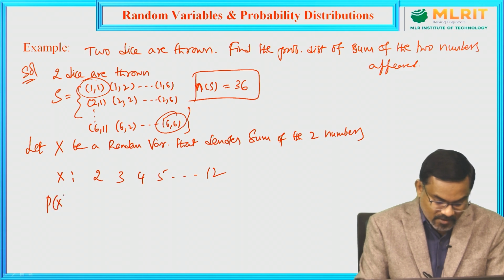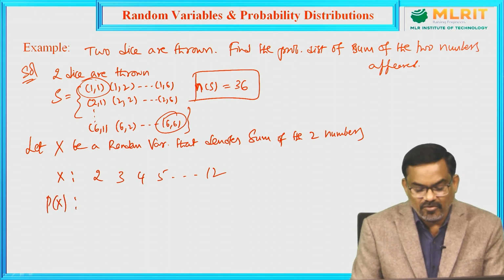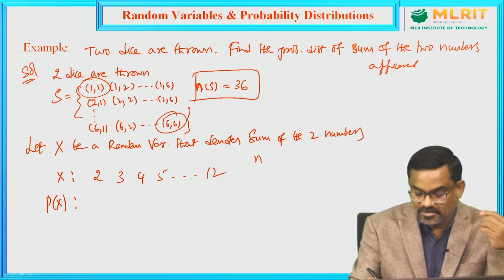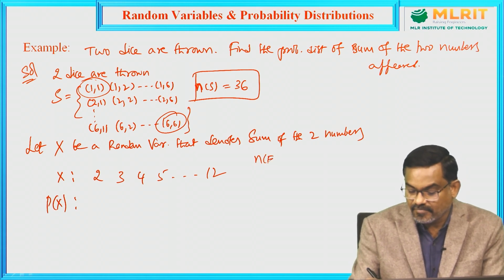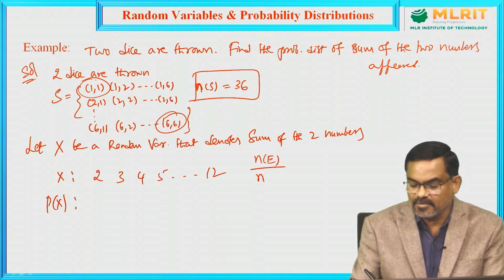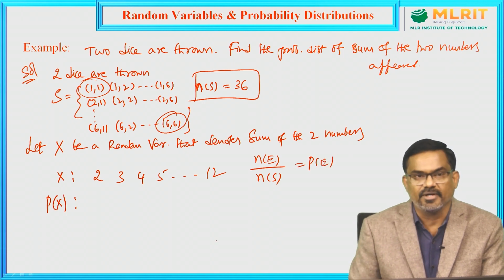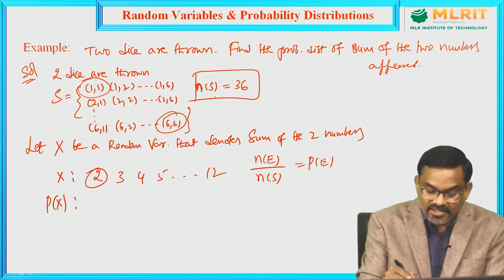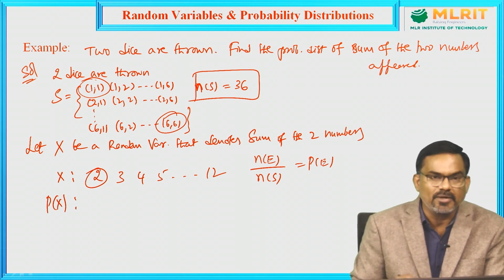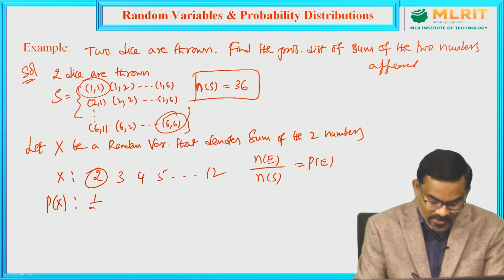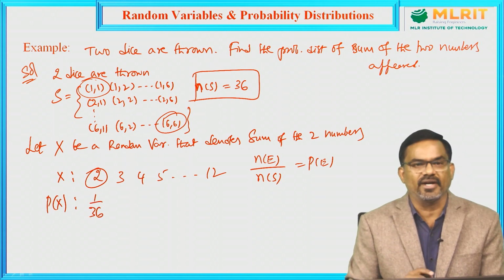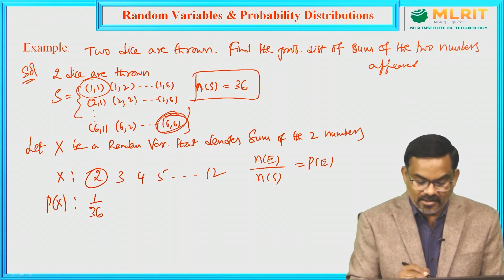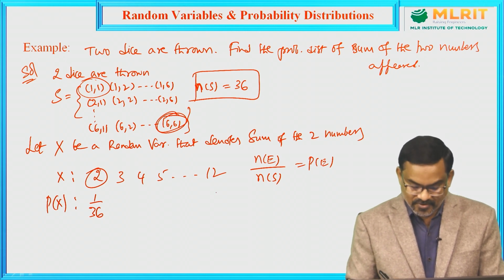Now, coming to the probability. How to find the probability of these events? The probability of an event is given by the favorable number of cases divided by the total number of cases. In how many ways do we get the sum 2? Out of 36 ways, there is only one possibility, 1 comma 1. So, 1 by 36 is the probability of getting sum 2. Similarly, to get the sum 12, there is one and only one possibility, so 1 by 36.